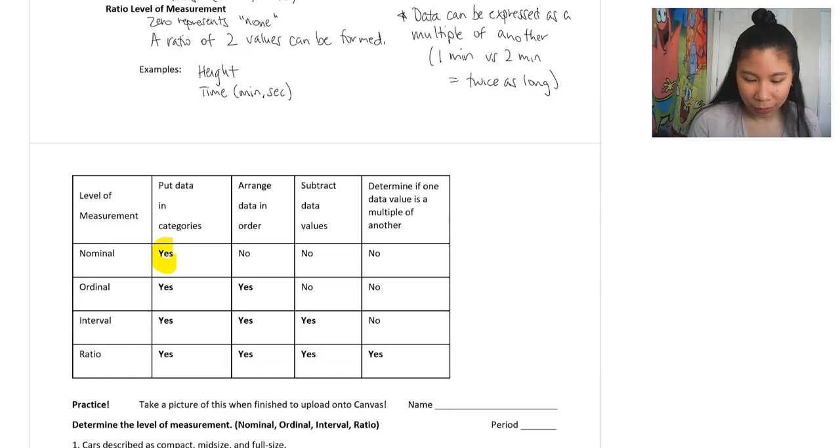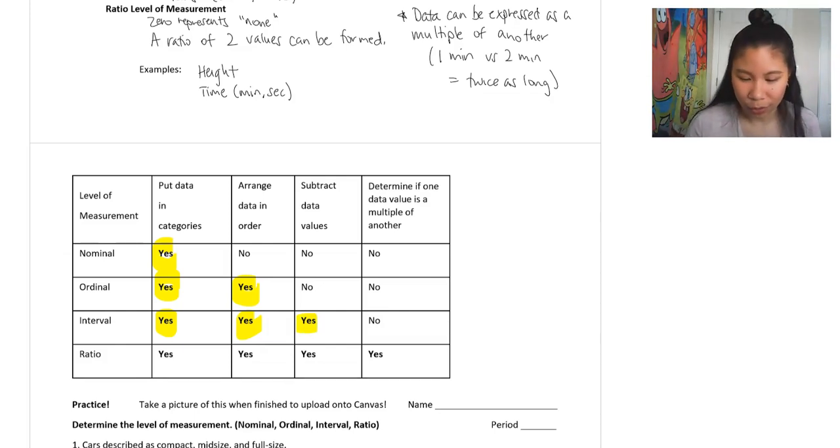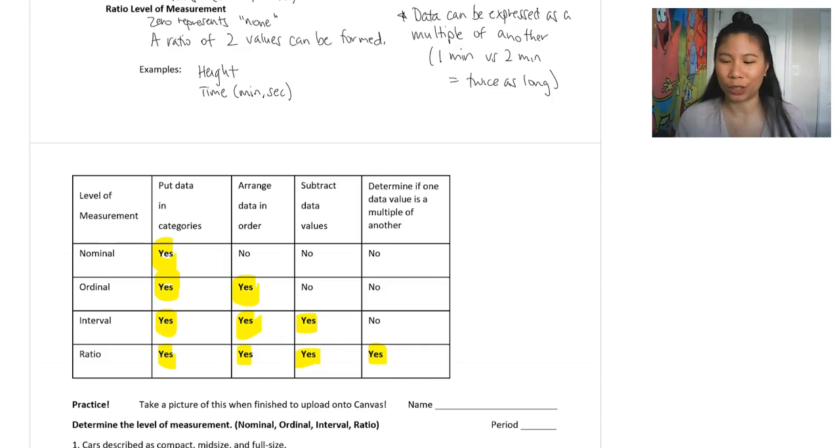At the ordinal level, you can put it into categories and put the data in order, but you can't do anything else. At the interval level, you can put things in categories, put things in order, and subtract data values because it's like a scale, but you can't see if one data value is a multiple of another. And with the last one, the ratio, you can do all 4. So just a nice little visual for how to compare each of them.